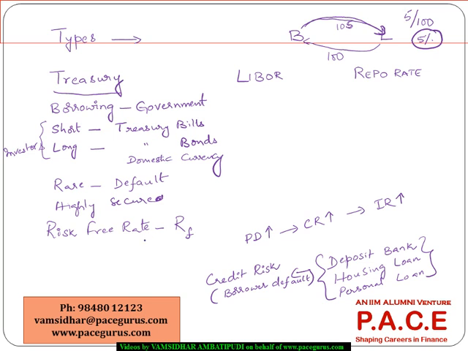For all valuation purposes, we will be using this concept of the risk-free rate, which is nothing but the rate associated with the government's borrowings. From an investor perspective, it is the investment in government securities like treasury bills or treasury bonds.